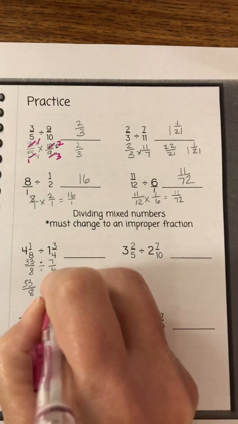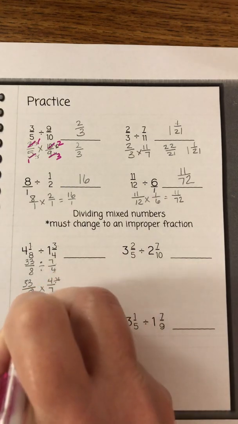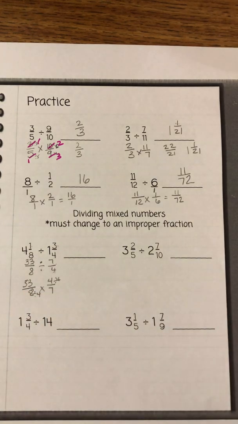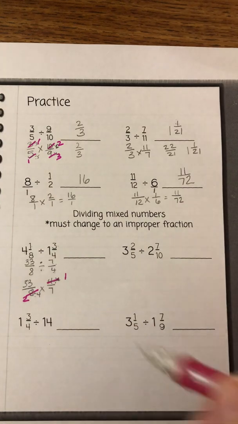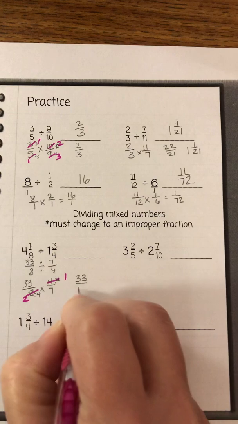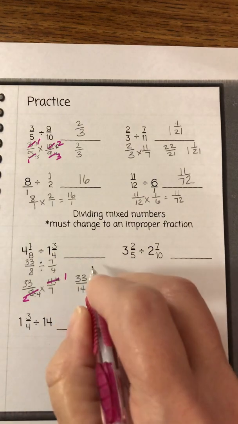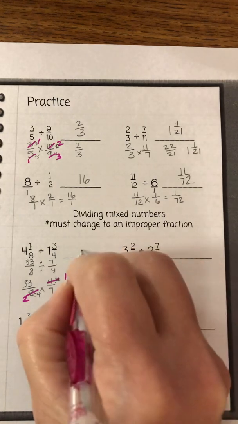So we're going to divide both of these by 4. So that 4 becomes a 1, 8 becomes a 2, and you have 33 over 14. So do your little minis. That's 2 and 5/14.